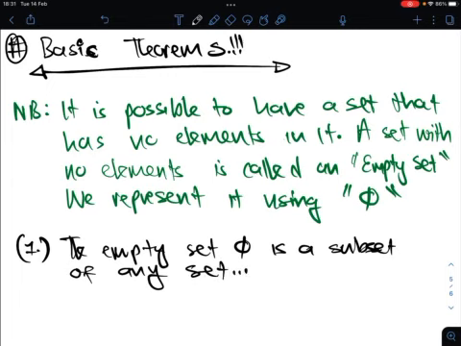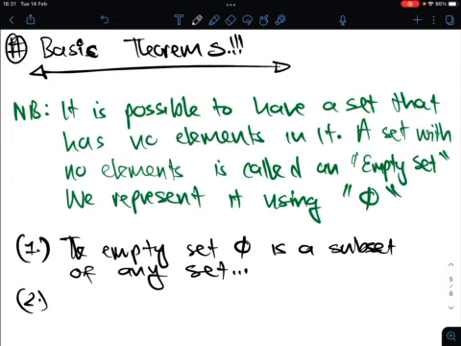One thing you should know is that the empty set is a subset of any set, because if you study the definition of what it means to be a subset, you will come to realize that indeed, an empty set is a subset of any set.